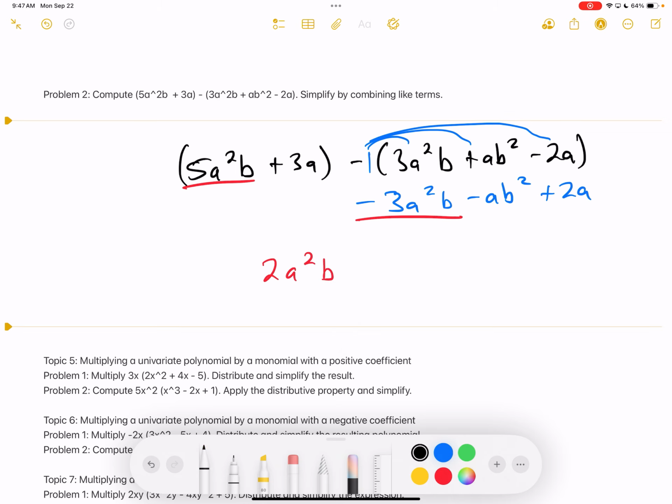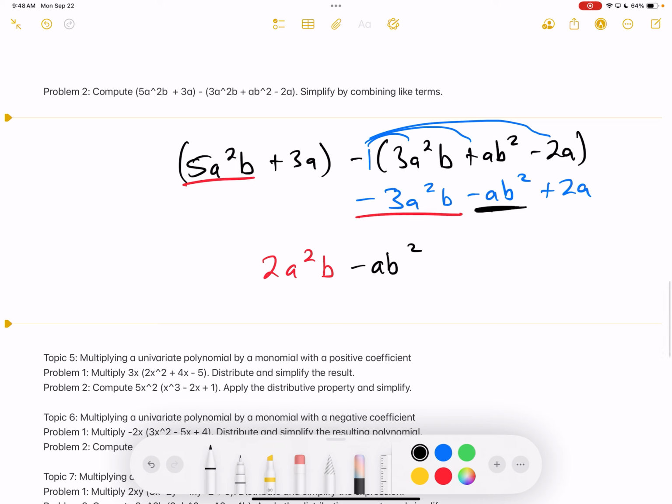Now, if I look over here, I have negative ab squared here, but I don't have one over here, right? There's not one over here. So I'm just going to rewrite that. This is another reason that it makes it so much easier to distribute that -1. Because, look, originally I had ab squared right here, right? It's positive. But I subtracted it, which makes it negative.